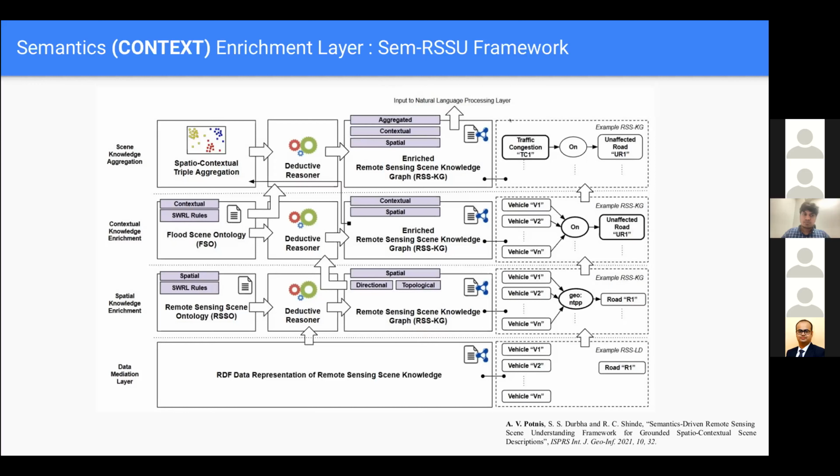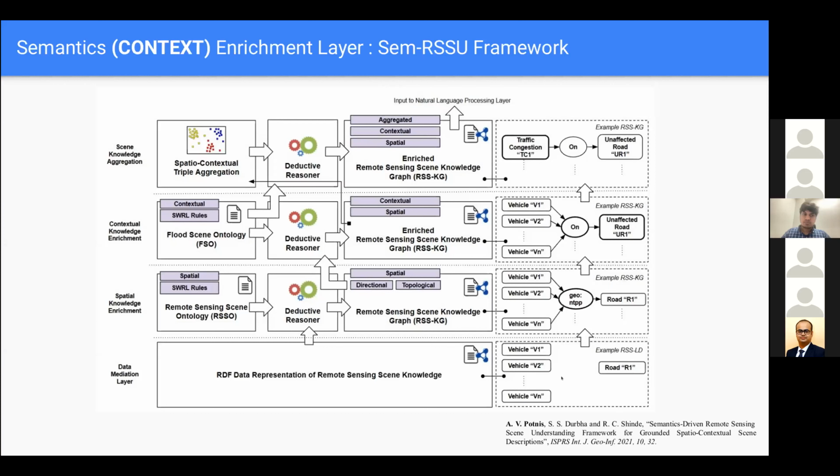So to give you an example of the aggregation, multiple vehicles at a certain distance from one another on an unaffected road essentially would mean that there is traffic congestion, right? So multiple vehicles aggregated to form one single collective entity of traffic congestion.